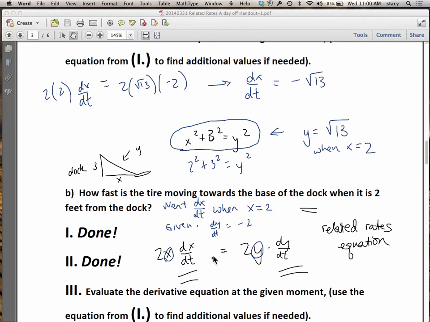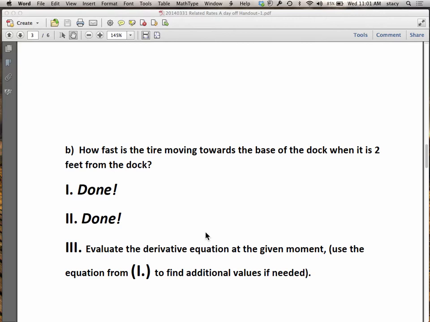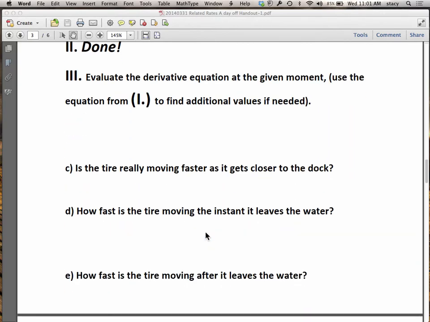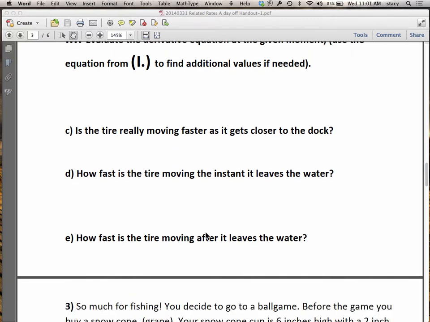Okay, now the handout keeps going in that it asks you to sort of repeat this process for different values of x, right? So is the tire moving faster as it gets closer to the dock? How would you answer that question? Or how could you try to answer the question? What would be a strategy?